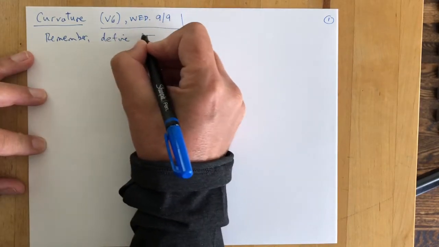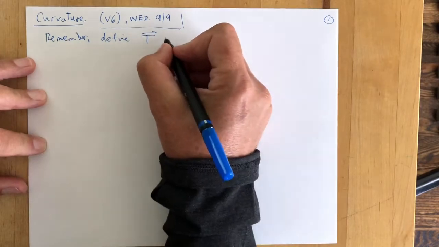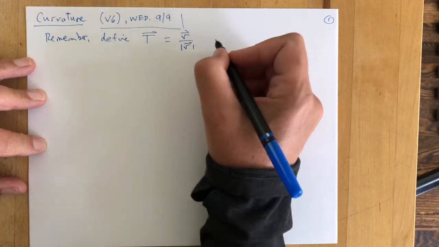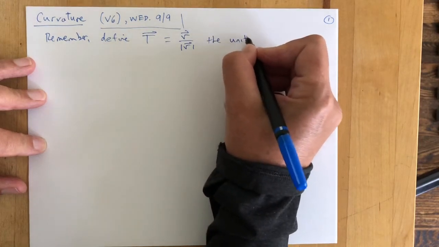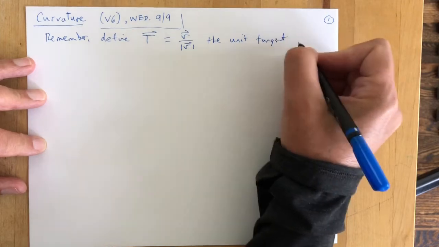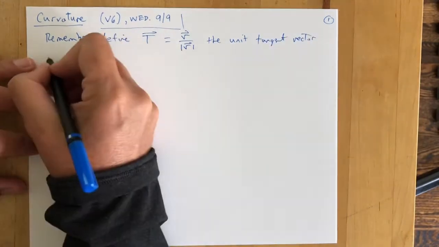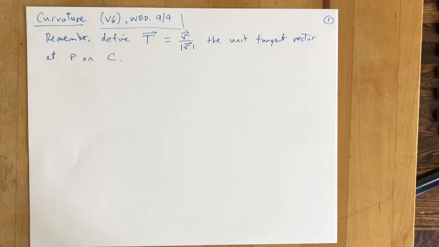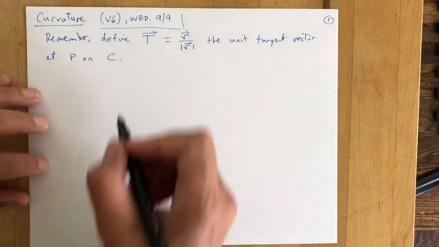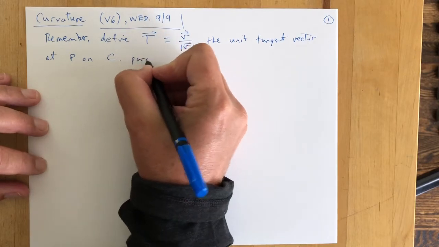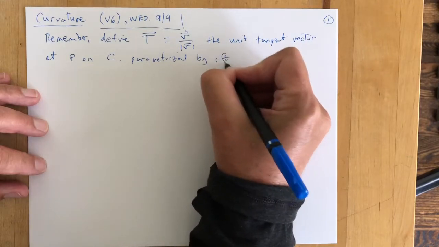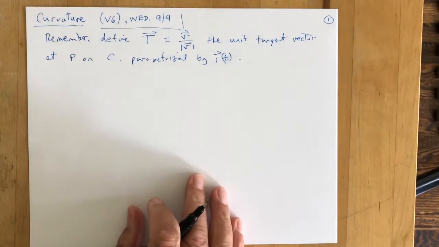we defined T to be the vector v over the norm of v, the unit tangent vector at any point P on some curve C, and C is going to be parameterized by some position function r, so P is parametrized by some position vector r of t.